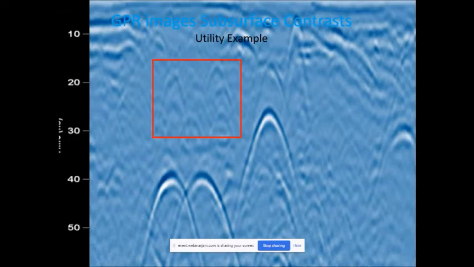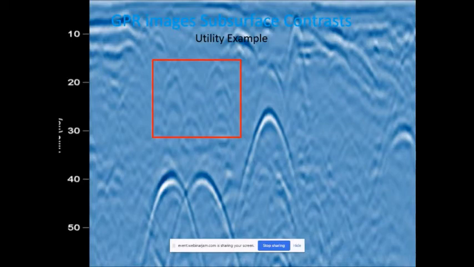The strength of the hyperbola is due to the contrast between that object and the surrounding soil, as we've been discussing. In this case, because I see strong hyperbolas down deeper, I might ignore these weaker hyperbolas and interpret them as being from an object that has a similar K value as the soil, maybe rocks, clumps of dirt, something along those lines.